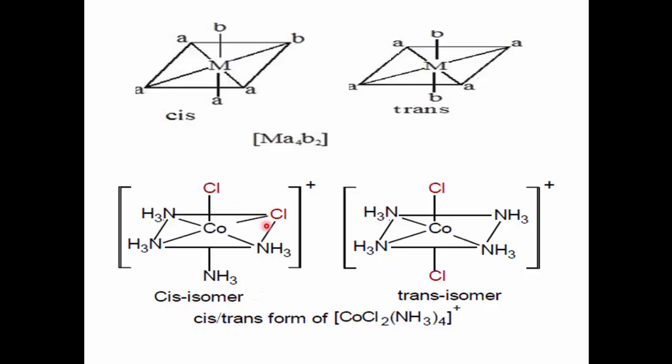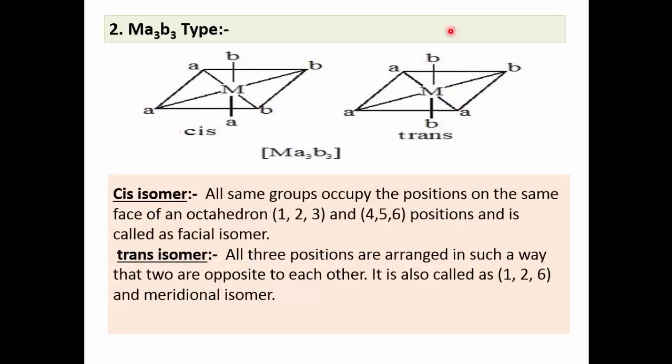They are adjacent to each other. Now see this, in this isomer what happened: at 1 and 6th position, two same ligands, that means 2 chloride ions, are placed, therefore this is the trans isomer. Chloride ions are placed at opposite positions, so this is the trans isomer. Next type.